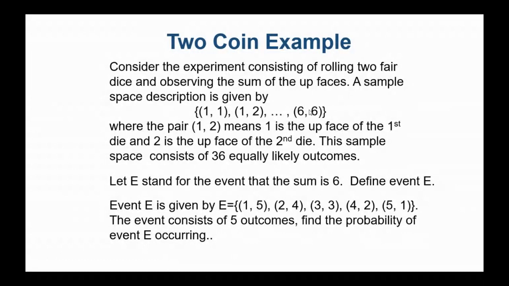What's the probability that E occurs? 5 over 36. That's right. Questions on this example?